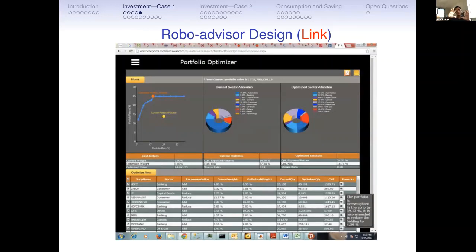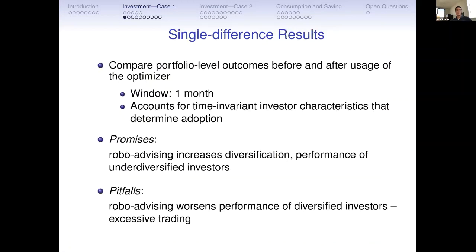It would re-optimize your portfolio allocation, tell you what the efficient frontier would be, and give you a suggestion for the optimal portfolio allocation and the additional stocks to add. And if you notice, I have this little button that says optimize now. If the individual were to push that button, the portfolio allocation would automatically be changed accordingly.